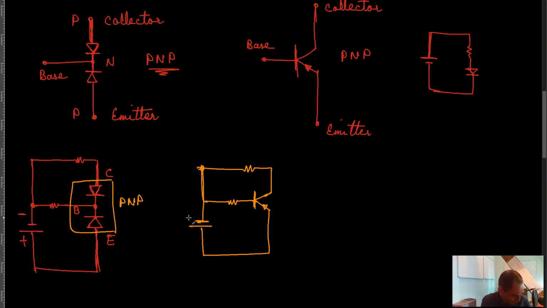And you can use two power supplies, or you can use one power supply.